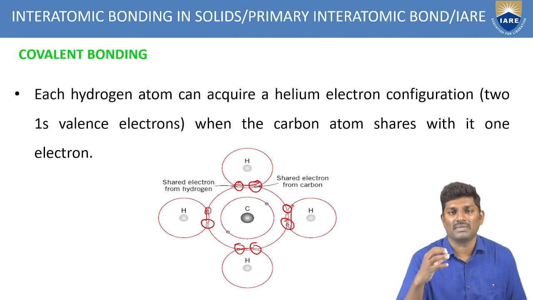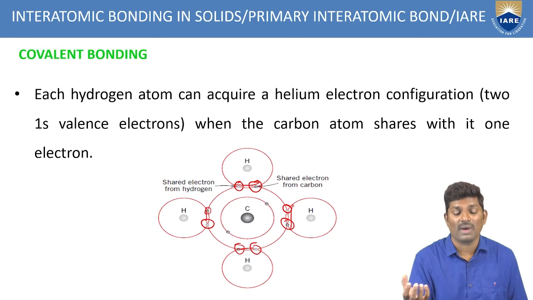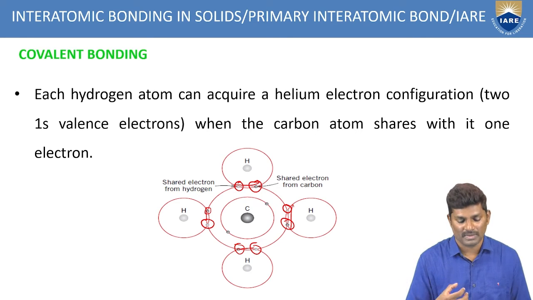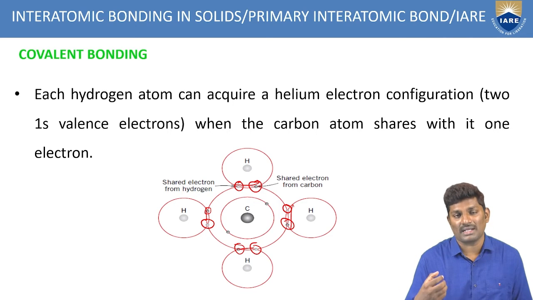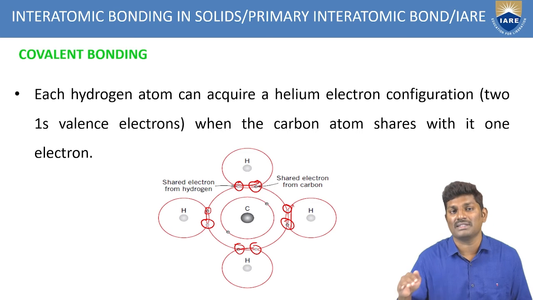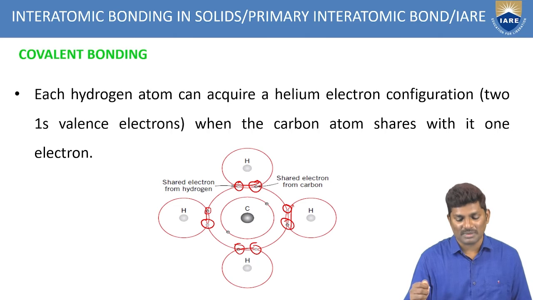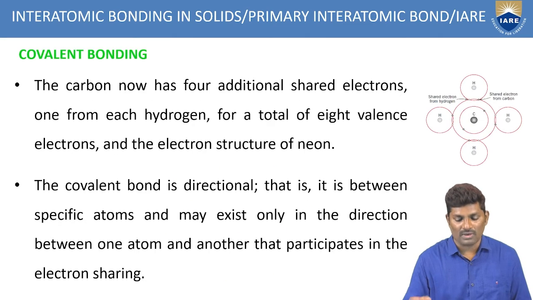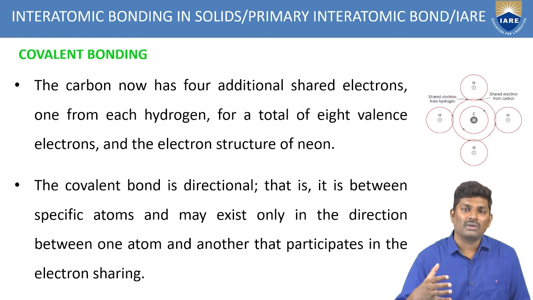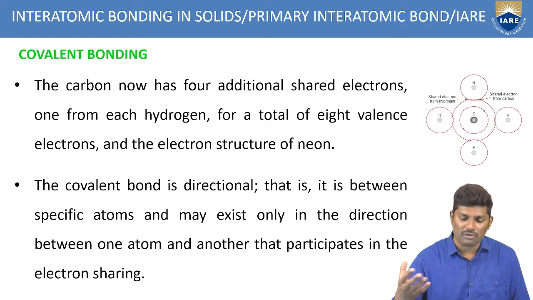So here what is happening? Each hydrogen atom is acquiring a helium electronic configuration. Because it is sharing with the carbon, each hydrogen atom acquires a helium configuration to have stability in the configuration. So when the carbon atom is shared with one electron, what is happening here? Additionally you are again getting 4.